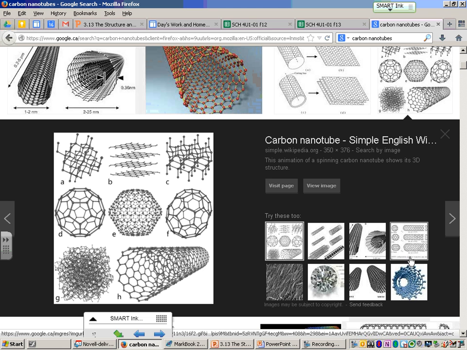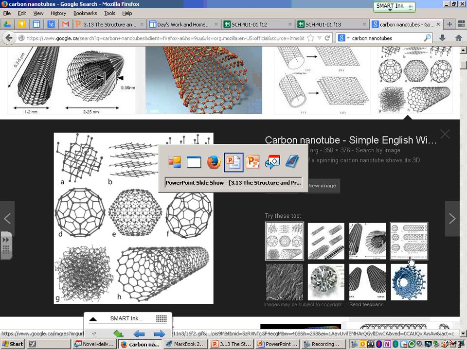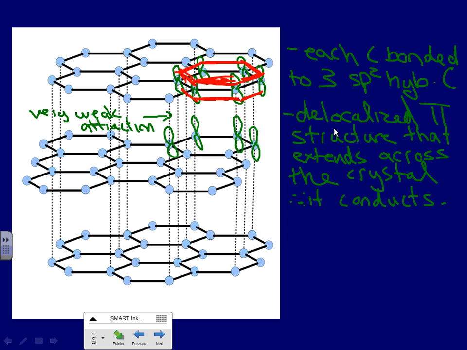Last couple of years, I've heard these nanotubes being applied to, say, mice, various things, are initiating cancerous tumors. So, you know, it's dangerous. Not sure whether that's what to do, but this is what's really happening on the edge of surface science, all right? So that's kind of neat stuff, too. All right. Delocalized pi structure that extends, it conducts.